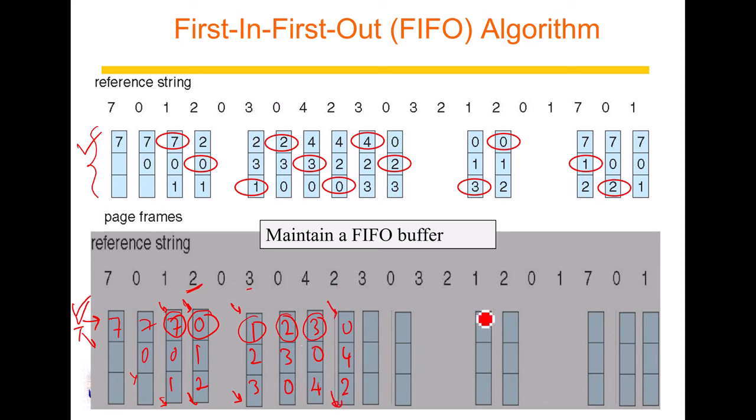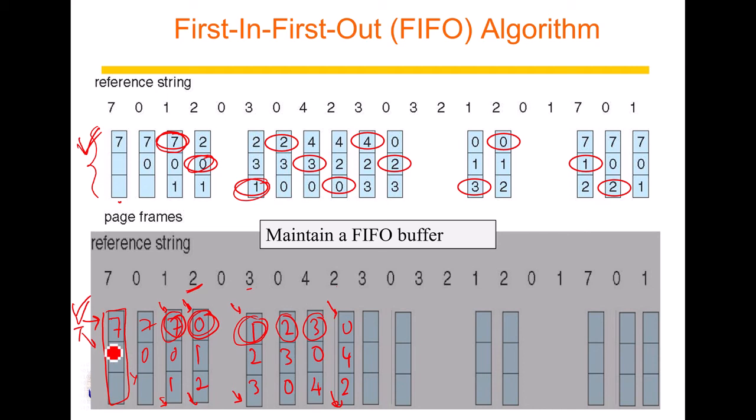If you continue this way, you will see that we are causing the same page faults. The 7 was replaced here, 0 was replaced here, 1 is replaced here. So the output can be this one. In this case, we are showing which frame contains which page. In this case, these are showing just the data structure, the first in first out buffer.